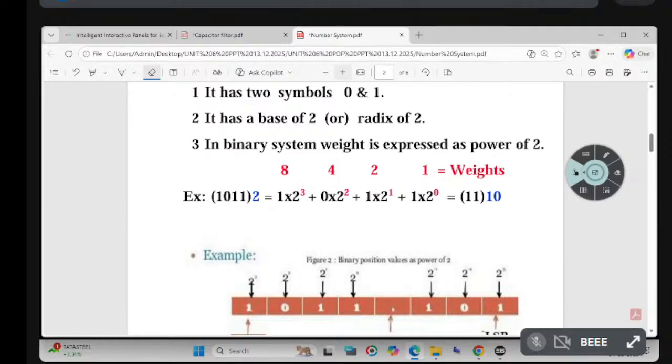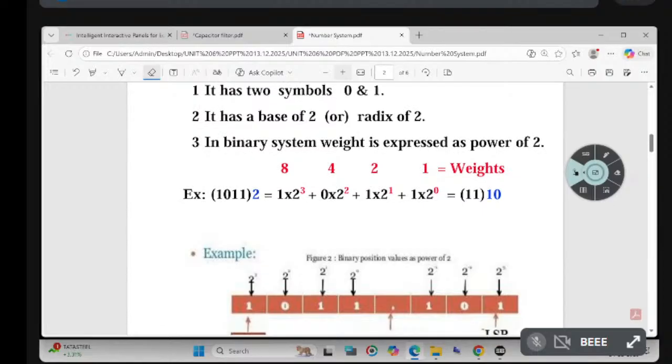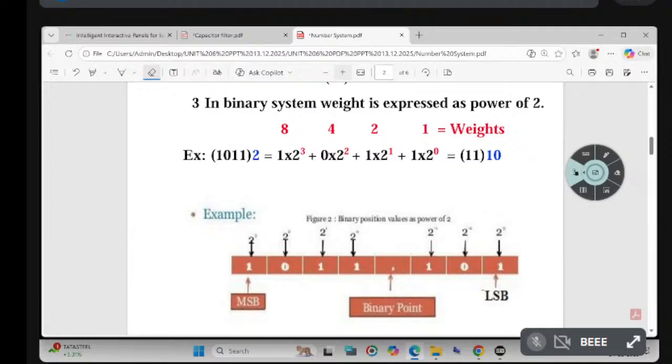What is weight? Power of 2. 2 to the power of 0, 2 to the power of 1, 2 to the power of 2, 2 to the power of 3. Without decimal point, and now with decimal point. This is called most significant bit, least significant bit.